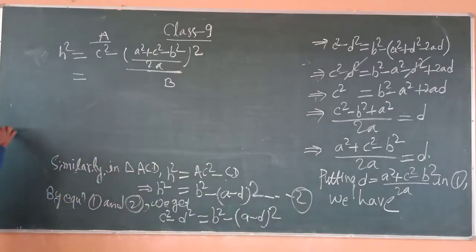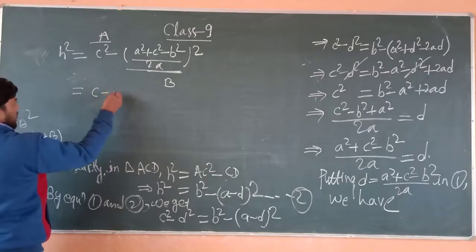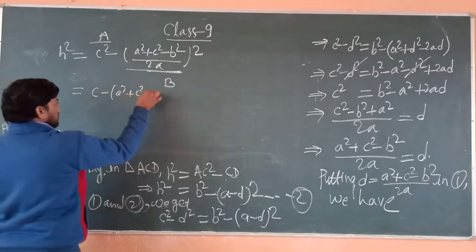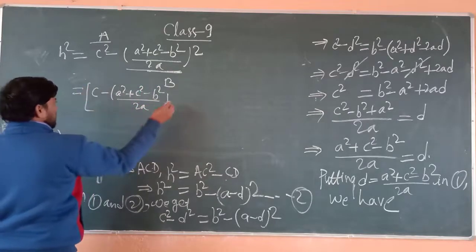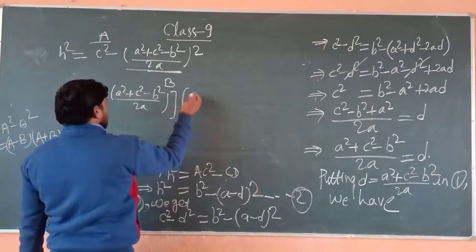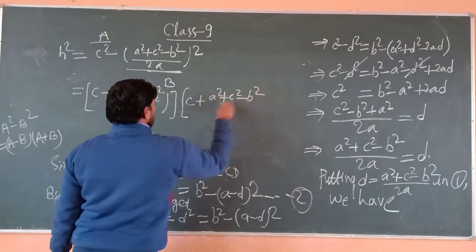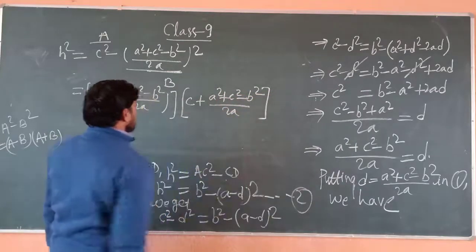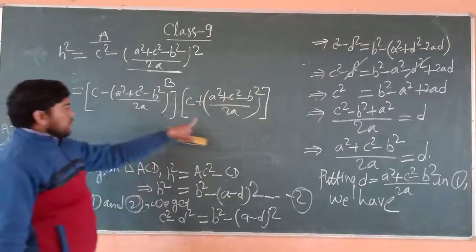We know already A square minus B square is equal to A minus B into A plus B. So C minus A square plus C square minus B square upon 2A, A minus B into A plus B. C plus A square plus C square minus B square upon 2A, A minus B into A plus B.